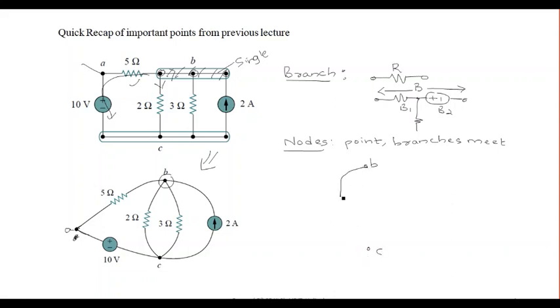In between them we have a 2 ohm resistor and a 3 ohm resistor, and this 5 ohm resistor and this voltage source I can club together, so 5 ohms and a 10 volt source, and this current source. These are the different ways of representing these things. And now if you come to the loops, let me clear these things.